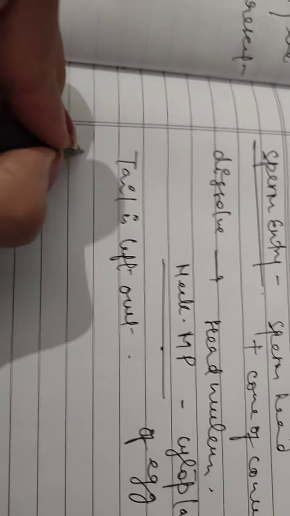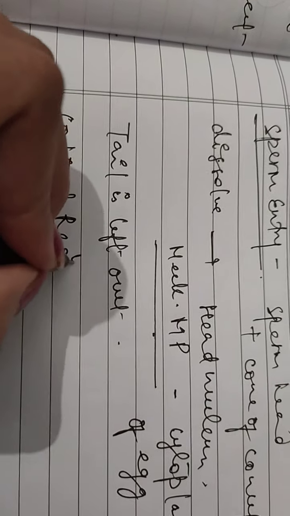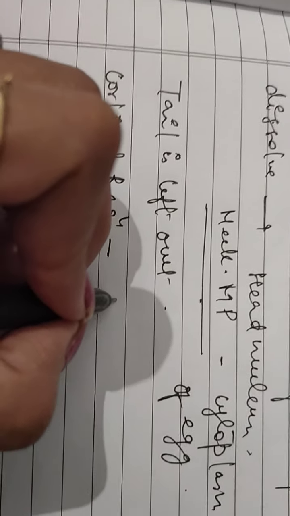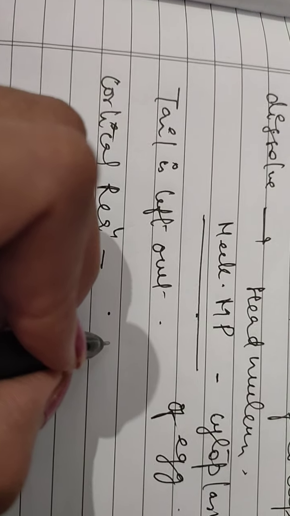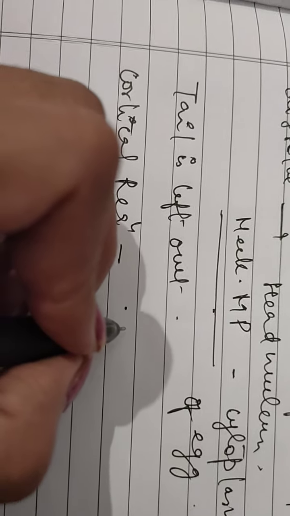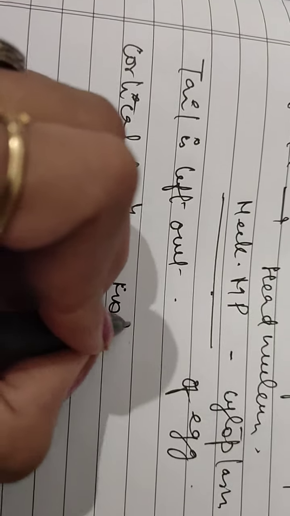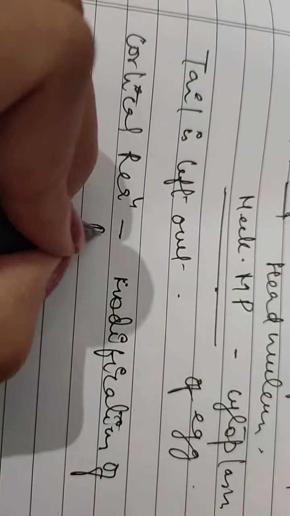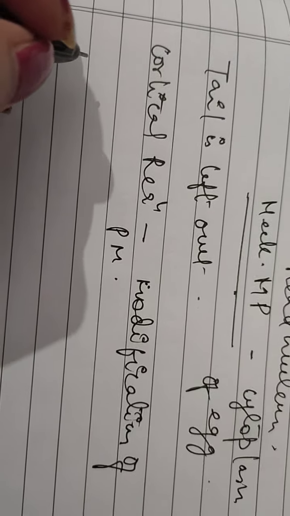Then there occurs a reaction known as the cortical reaction. Calcium ion is very important in this. A calcium ion wave causes extrusion of cortical granules out of the egg, and brings about modification of the plasma membrane and changes it into the fertilization membrane.